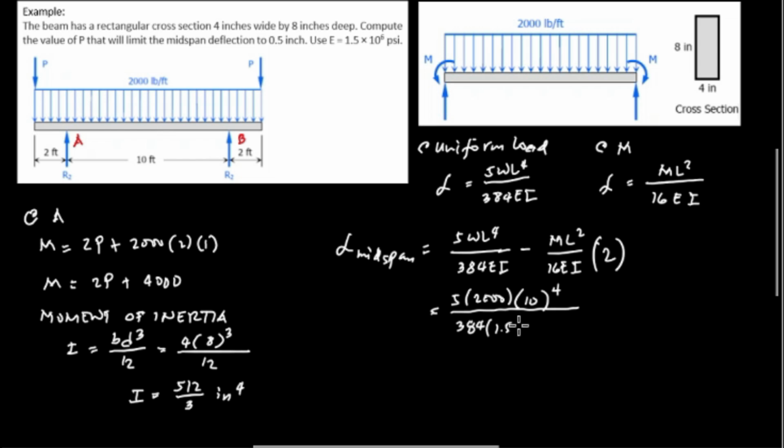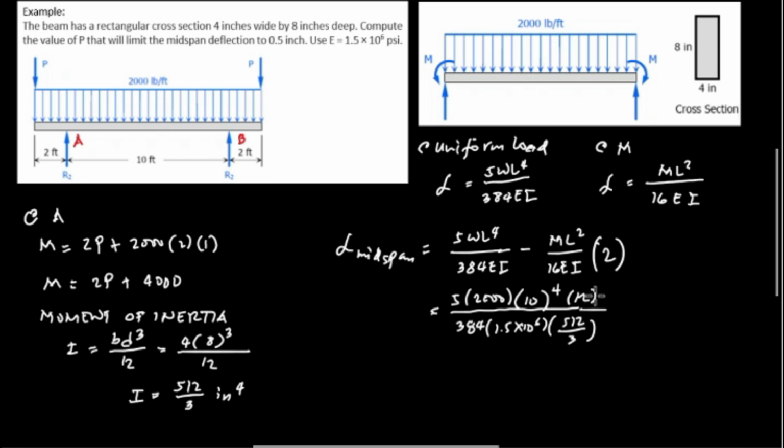And I, the moment of inertia, is 512 over 3 in inch to the power 4. We convert 10 feet to the power 4, that's 1 foot or 12 inches. So that's 12, and we have 2000 pounds per foot.